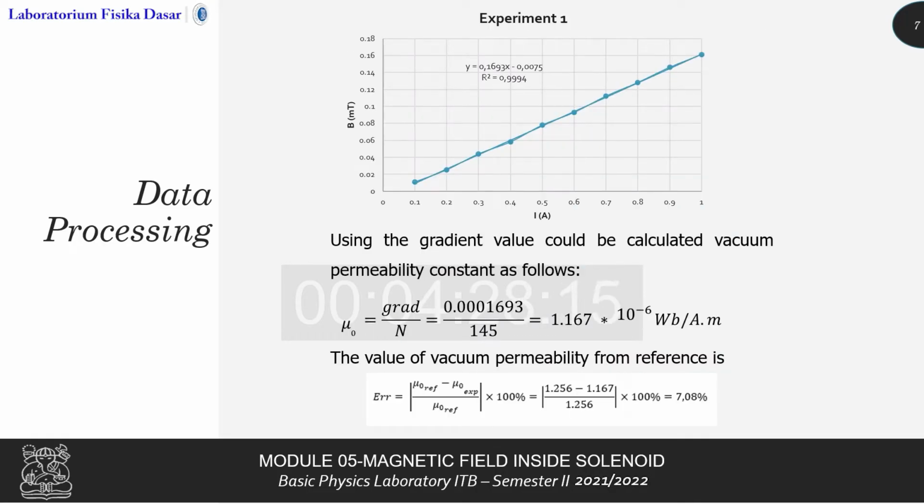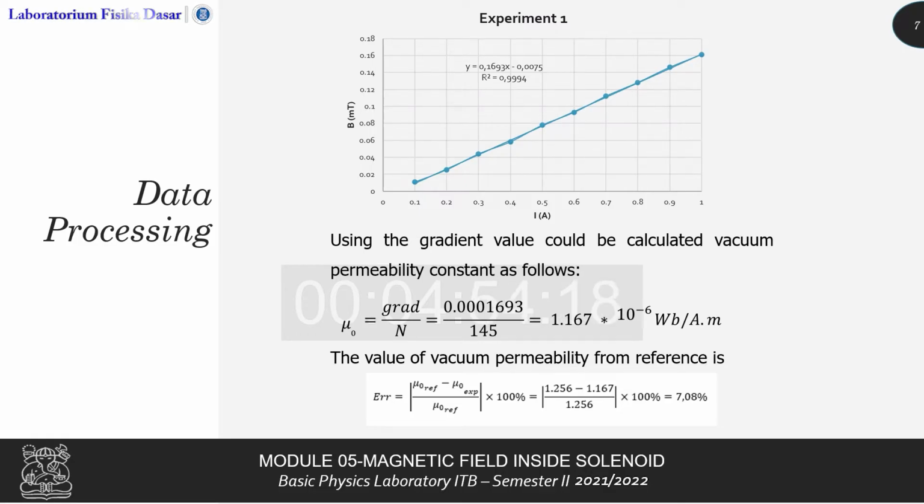According to the data from linear regression, we get the graph as shown with the electric current as the x-axis and the magnetic field as the y-axis, and the equation becomes y equals 0.1693x minus 0.0075.